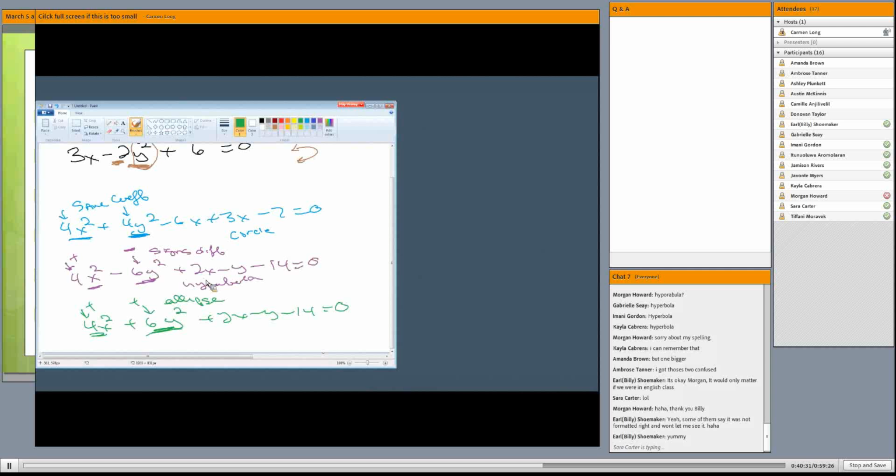So first thing is, what kind of conic section is it? And they don't tell you. They just say, if it's a this, give all these parts. If it's a this, then give all those parts. What is it? Tiffany is correct. Jameson, good. Gabriel, good. Oh, wait, Gabriel, no, that's not it.